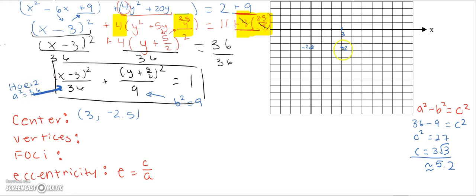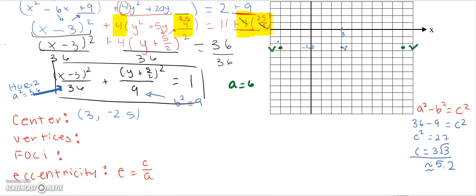I know the major axis is going to be horizontal, and my a squared is 36, so my a is going to be 6. So from that, I know the center to the vertex is 6 units, so I can count 6 in either direction. 1, 2, 3, 4, 5, 6. And there's one vertex, and then I'm going to count 1, 2, 3, 4, 5, 6 in the other direction for the other vertex.